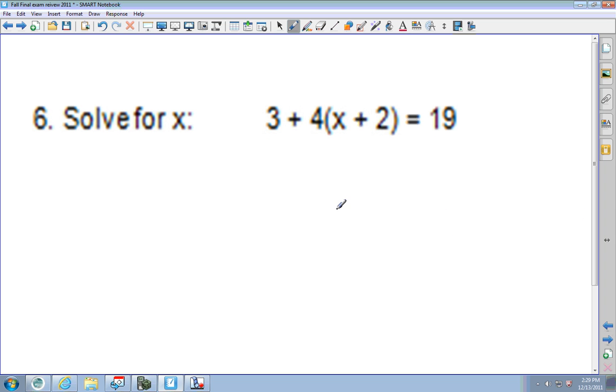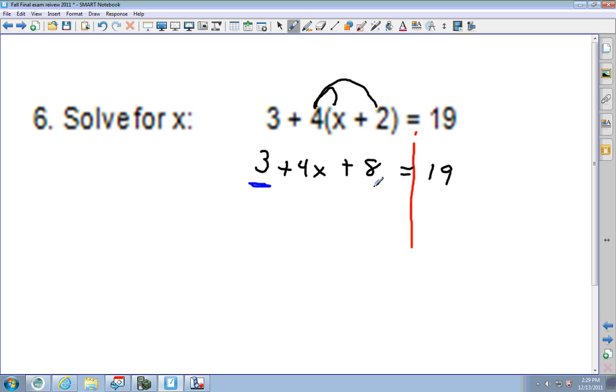Next one, let me solve this out by hand. First off, what do I do with the 3? Do I multiply by anything? No, the 3 stays out here by itself. The 4 is what's outside the parentheses, so I take 4 times x, 4 times 2. Well, that's 4x, and 4 times 2 is 8, and that equals 19. Now I will look on the left-hand side.